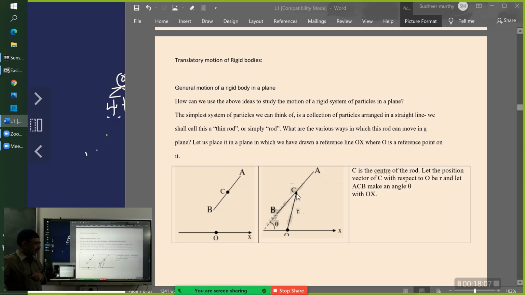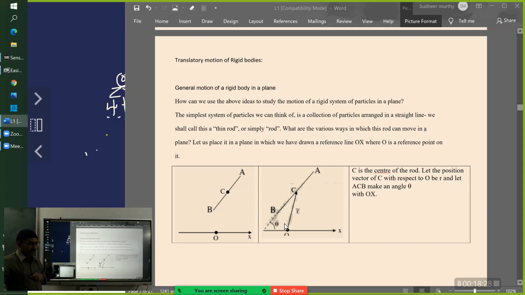Now suppose this rod moves, which means the position of point C will change, but the angle theta will not change.